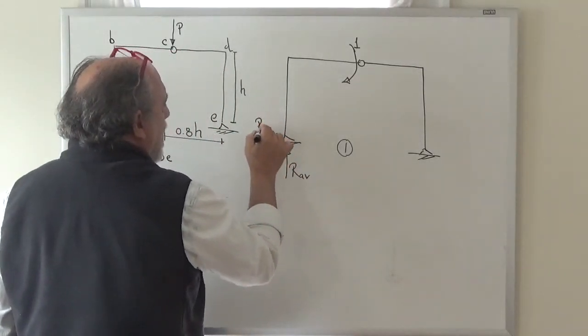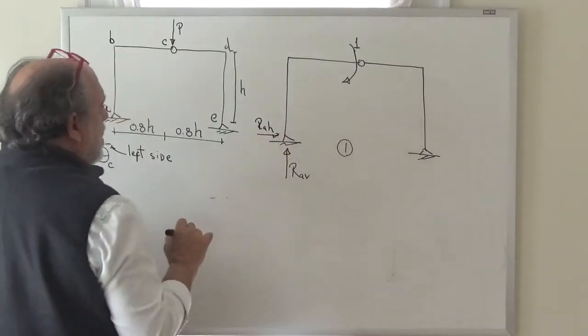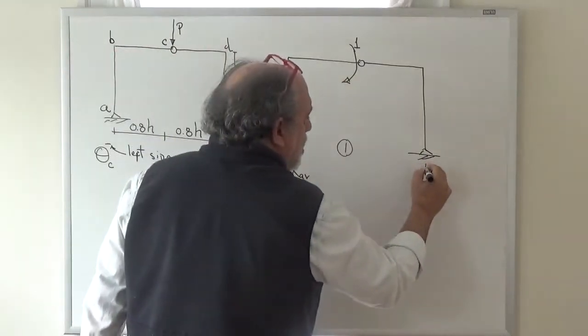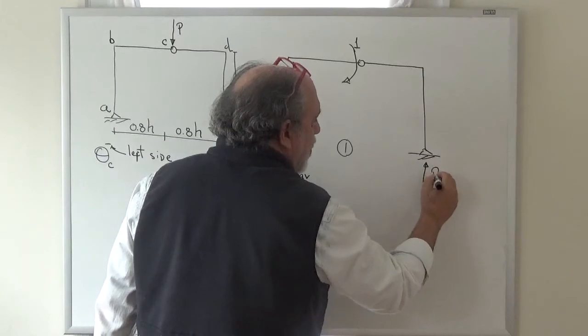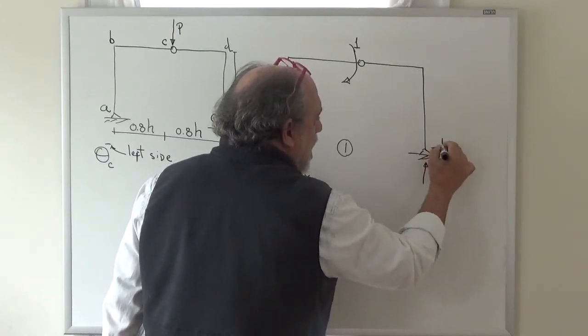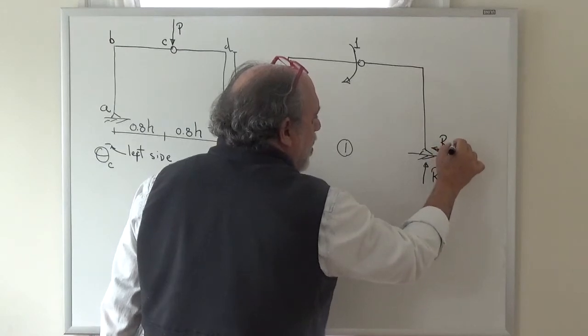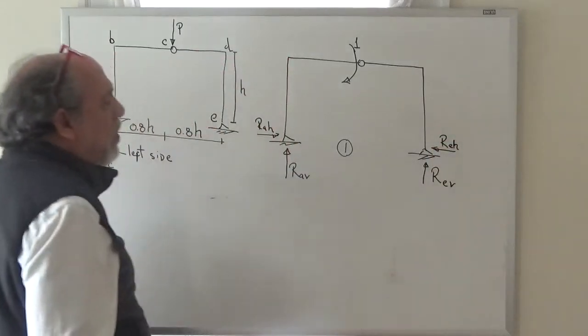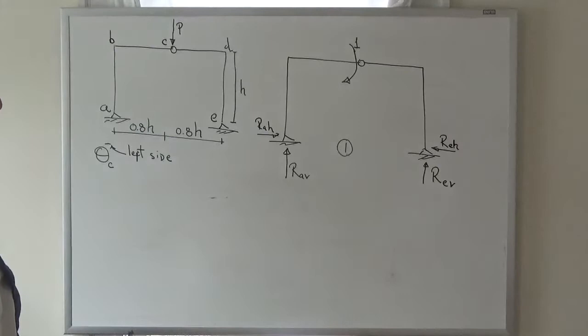This is my R at A horizontal. This is going to be, although I know it's not in that direction, my R at E vertical and my R at E horizontal. Okay, so let's say that our task right now is just to calculate those reactions. We'll worry about the moments and axial forces later.